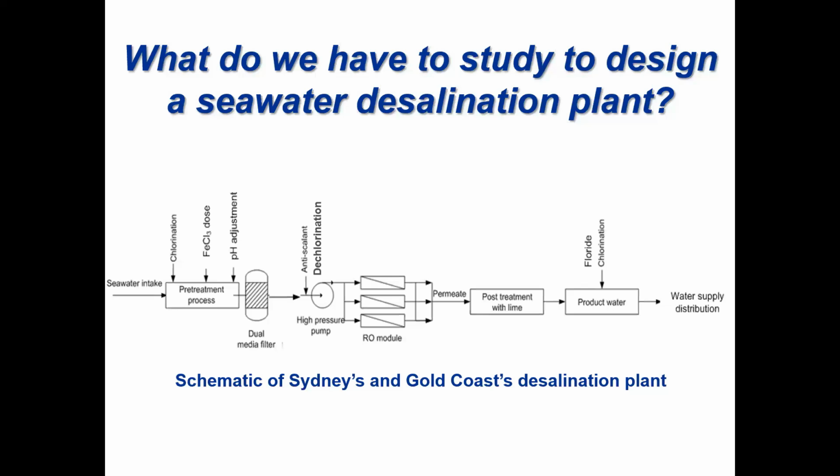How about pH? How about seawater pH? 7.5, 8. The seawater is higher than drinking water. Drinking water pH is 7.